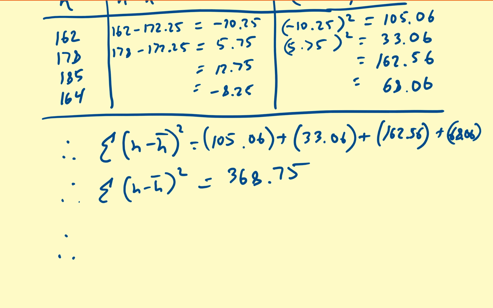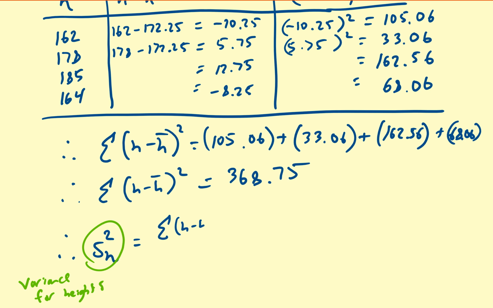So that means the variance for our heights, which I'll abbreviate by this, so this is the variance for heights, again, is going to be equal to the summation of h minus h bar squared divided by the number of values we have minus 1.